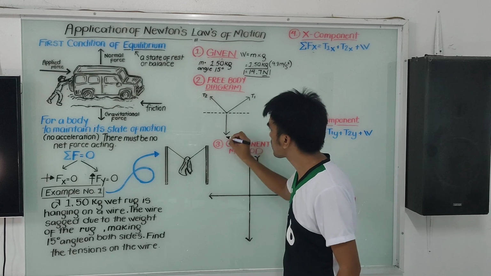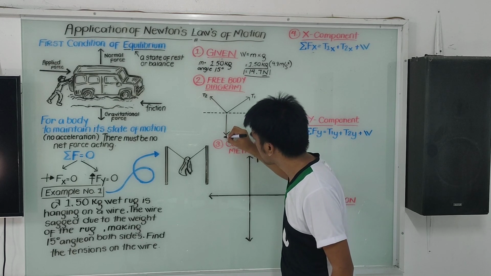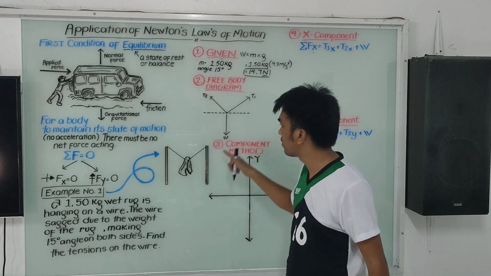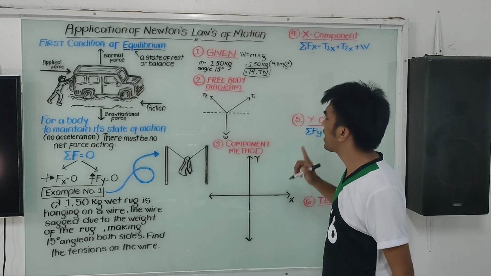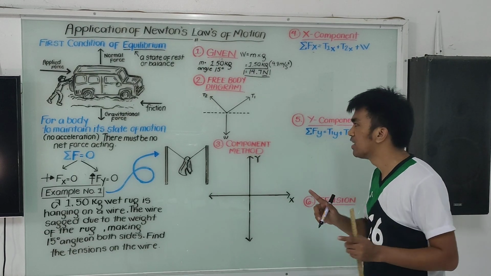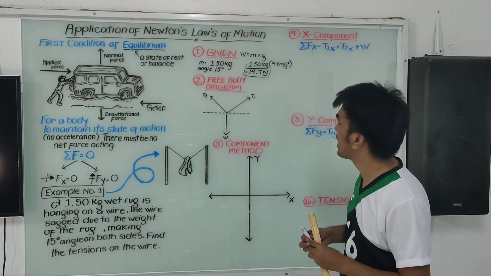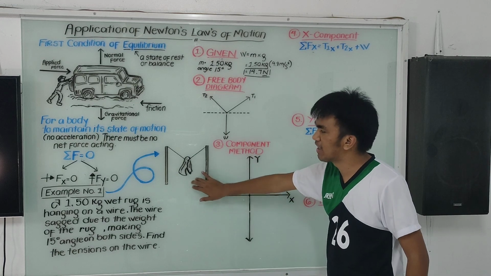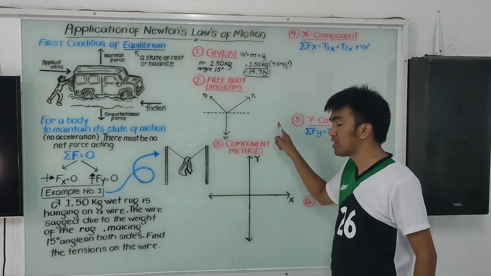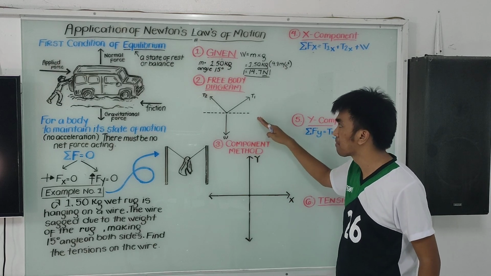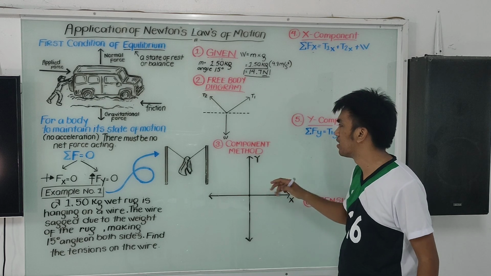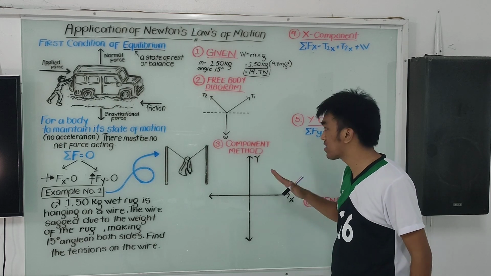And also we have to write here the weight. Weight will be included, of course. And then, what else? I think that's it. So that's our free body diagram for this illustration. After this, we need to plot this free body diagram on the Cartesian plane.